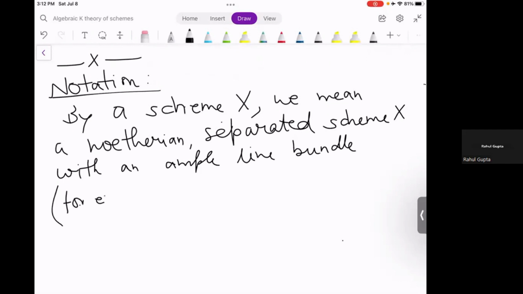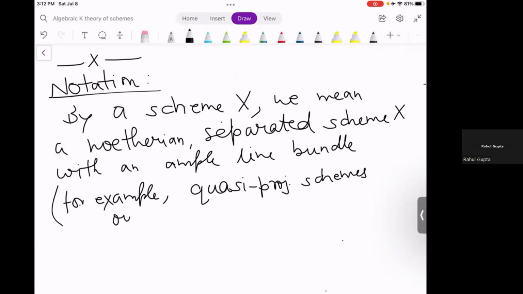For example, we can take quasi-projective schemes. Usually in algebraic geometry, we work with quasi-projective schemes over a field, or if you want a huge class of schemes, Noetherian separated schemes with an ample line bundle is also not a bad category.